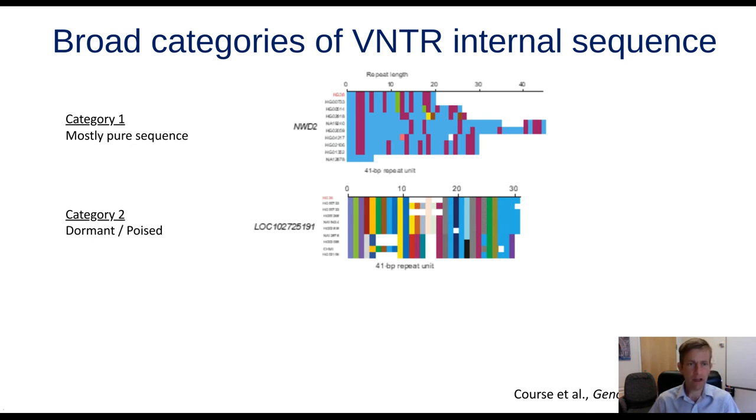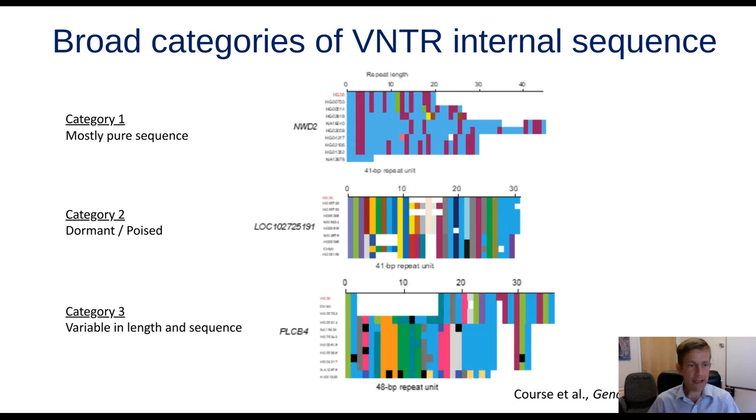You can see there's a lot more colors present. That means that there are a lot more internal nucleotide variants at each copy of that 41 base pair repeat unit. However, whatever expansion was taking place, and the nucleotide changes that were taking place throughout that expansion, were occurring much earlier on, so the repeat seemed to have become fixed in modern humans.